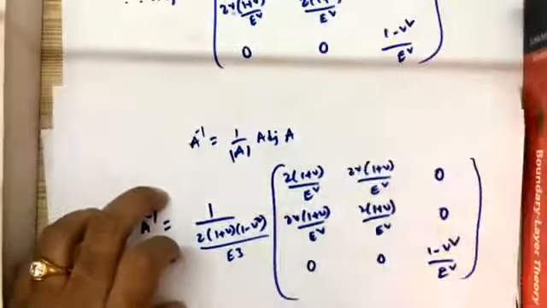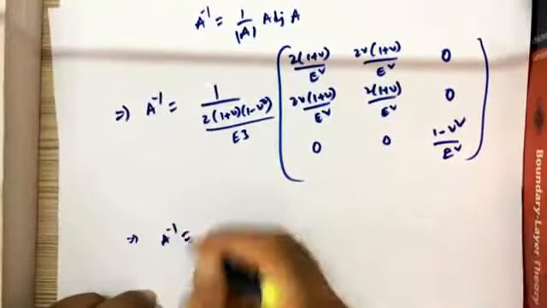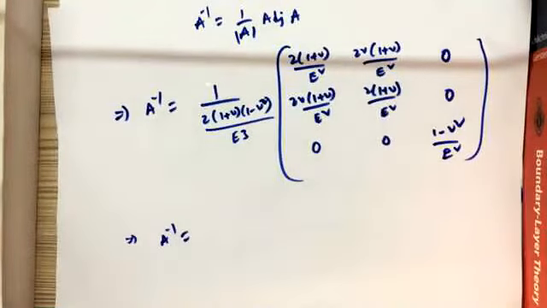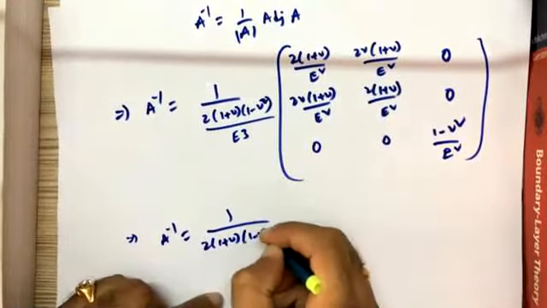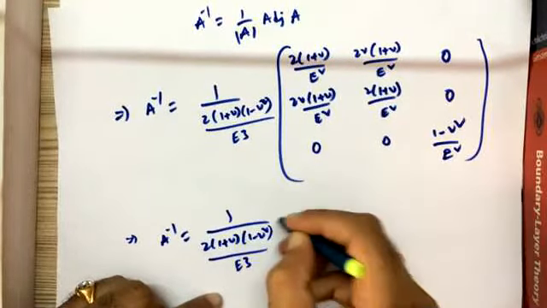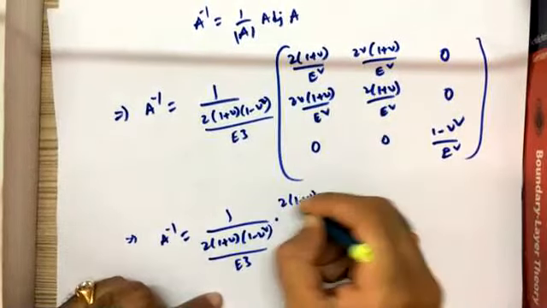You look here, you look carefully. Can I take anything common here from this matrix? You please tell me. This is 1 by 2 into 1 plus nu into 1 minus nu square divided by E cube into, can I take anything common from this? Yes, I can take 2 into 1 plus nu by E square common.